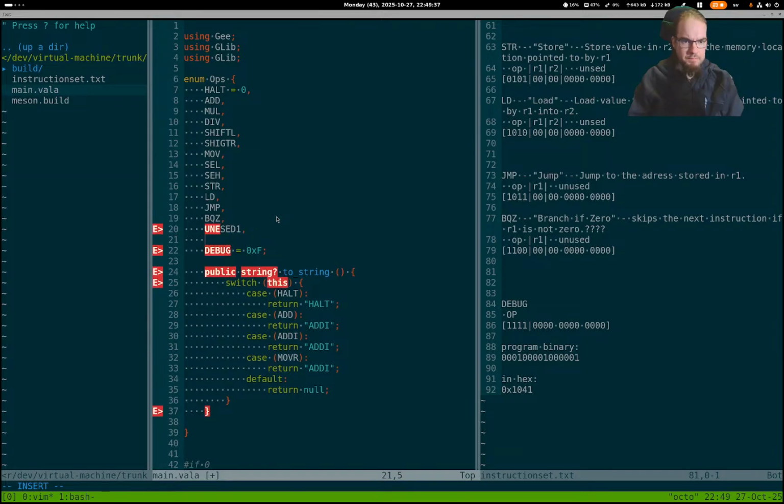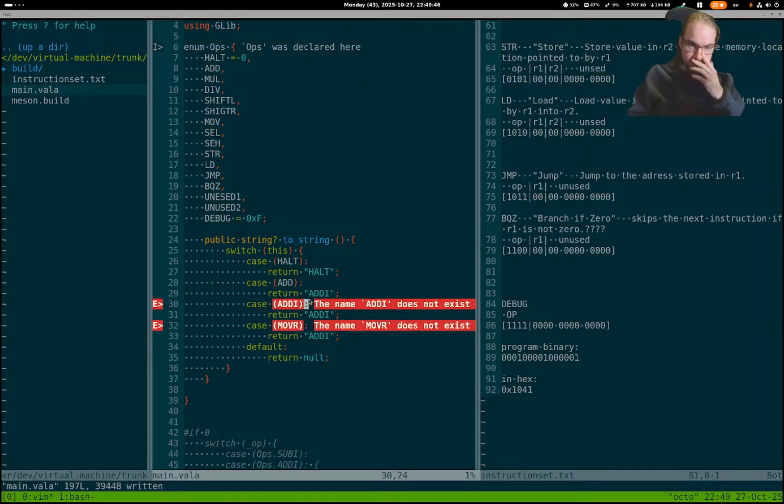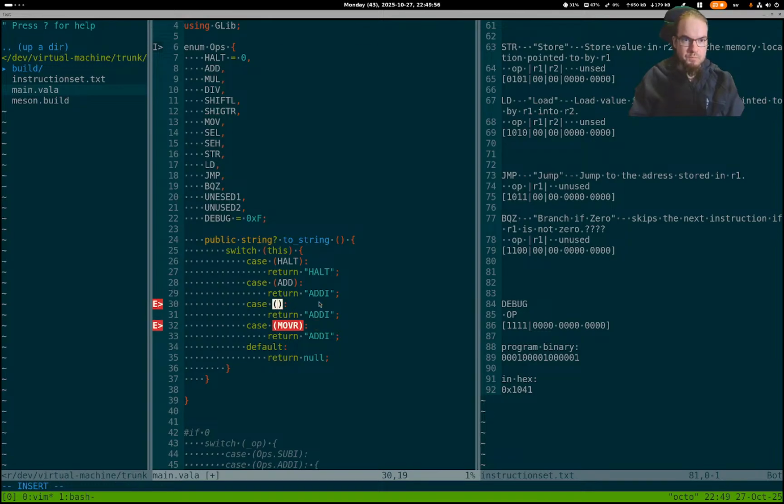Unused 1. Unused 2. Div. Move. Mul. Div.